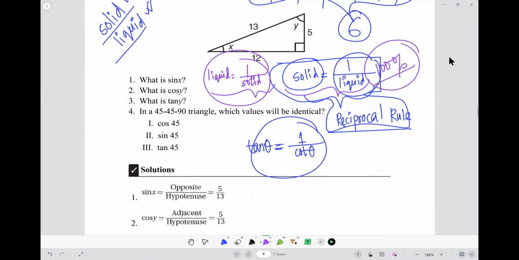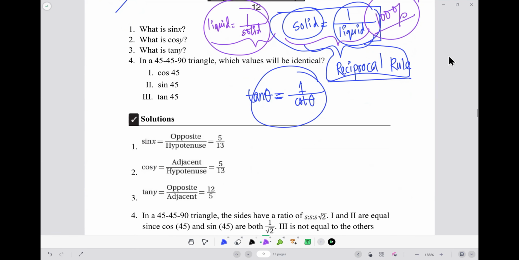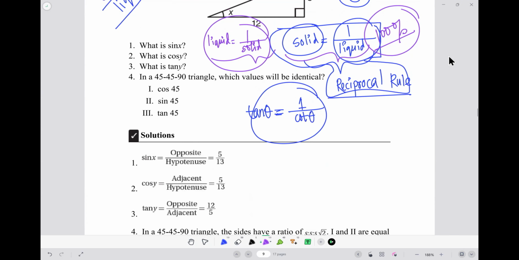If you just apply the basic equation rules, then you can understand that these two lines, or these two arguments, are nothing but alternative forms of each other. Just cross multiply: liquid cross solid was 1, right?